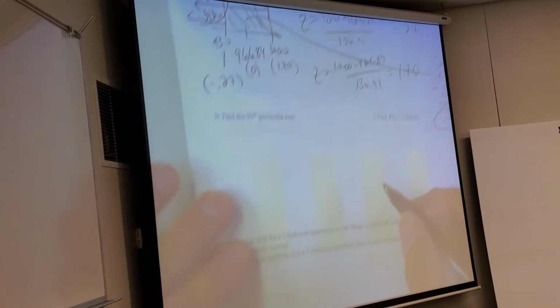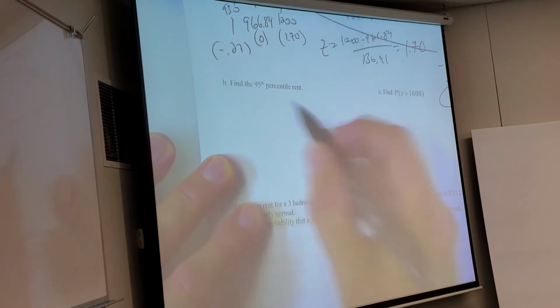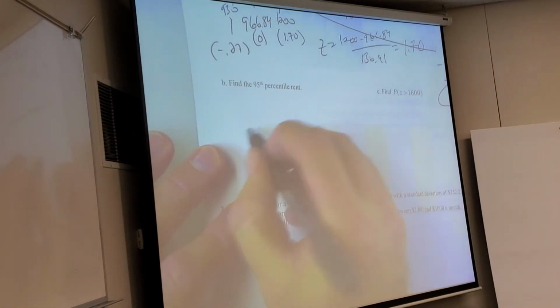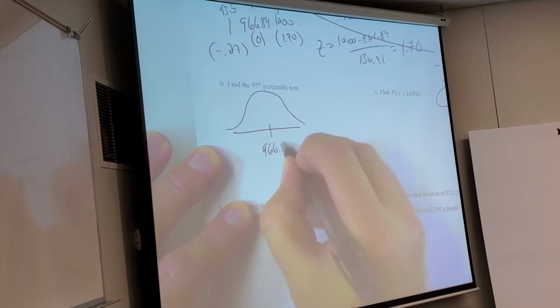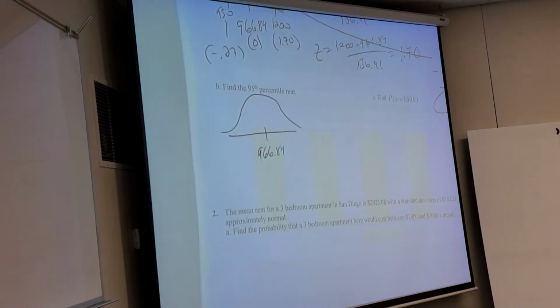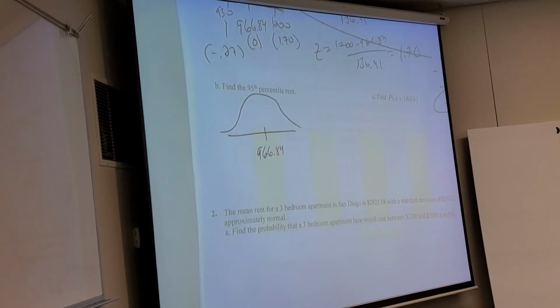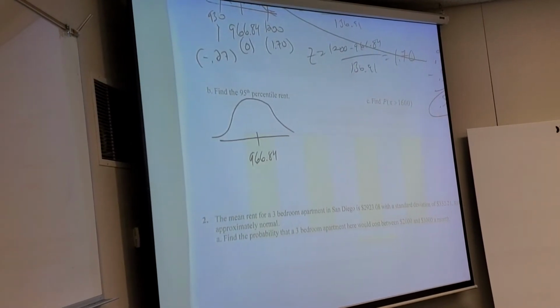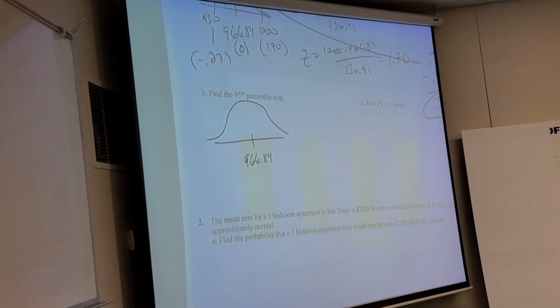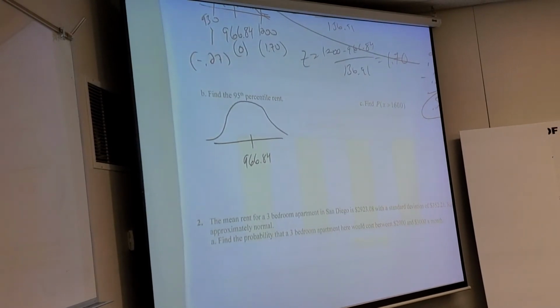All right, here we go. This guy is the one I talked about a minute ago. You've got to let the picture help you. 95th percentile. You can't forget what that means.